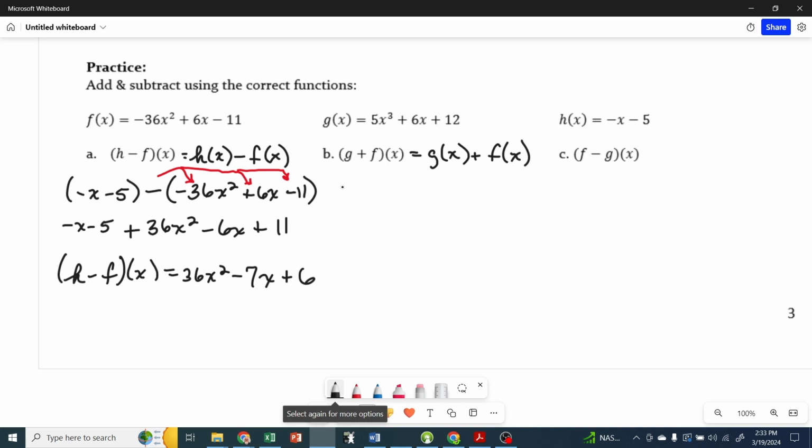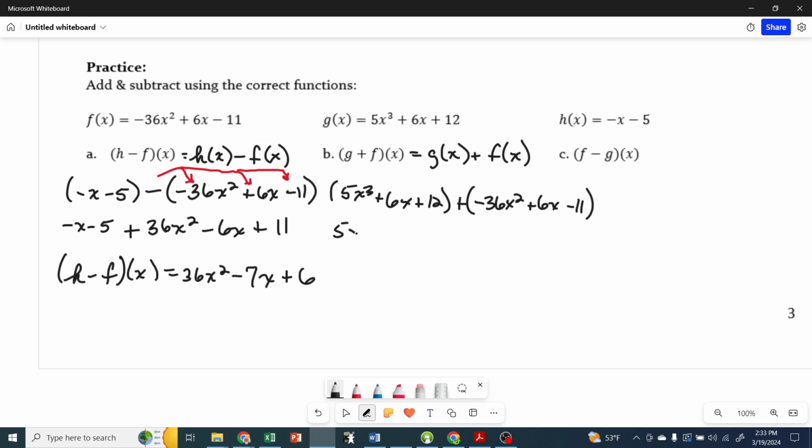So g of x is 5x cubed plus 6x plus 12, plus f of x is negative 36x squared plus 6x minus 11. So now we can clear our parentheses. We get 5x cubed plus 6x plus 12, not plus, minus 36x squared plus 6x minus 11.